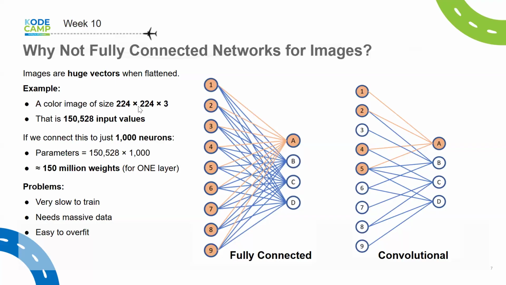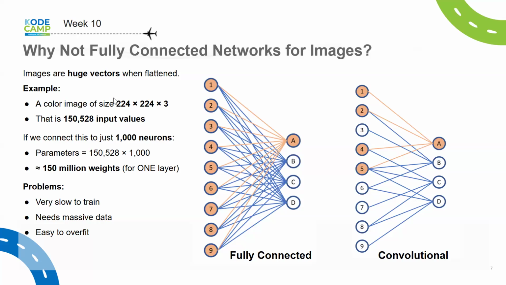So the total number of inputs, each of those represents an input that you are taking into the neural network. If it is a black and white image, then this will not be three, this will be just one, because for black and white, you only need a single number that represents how bright or how dark that particular pixel is.